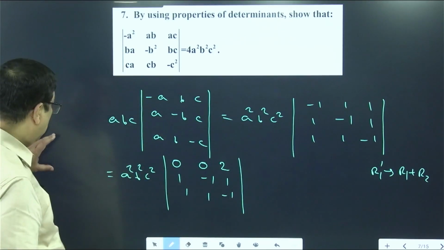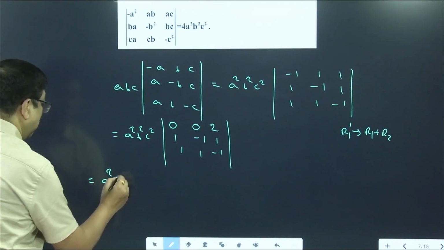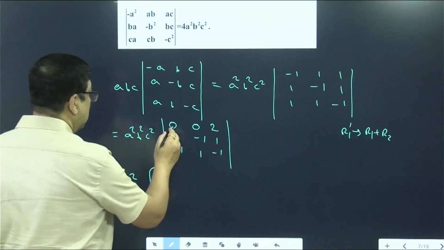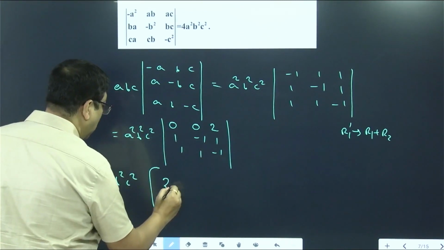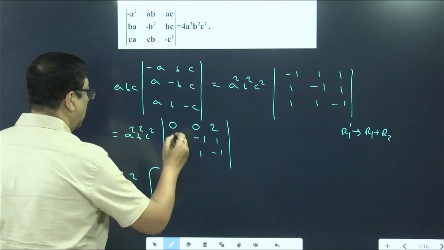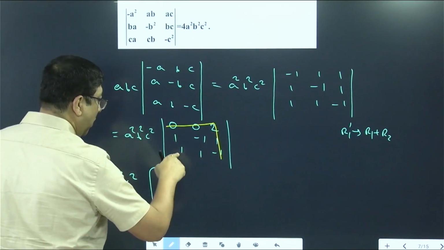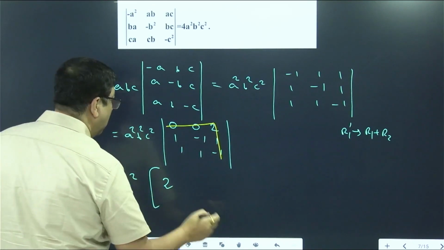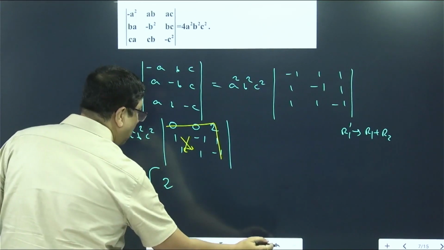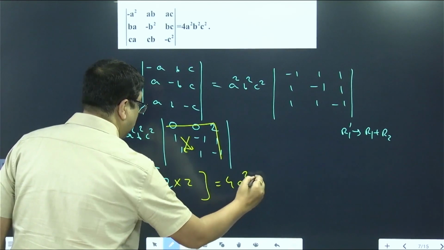Now if we just start expanding, we are getting 0, 0, and 2 into, if we just remove the row and column related to 2, what we are getting? 1 plus 1, that is coming 2. Therefore, your left cross minus your right cross, it means this is coming to be 2. Therefore, 2 into 2, therefore 4 A square B square.